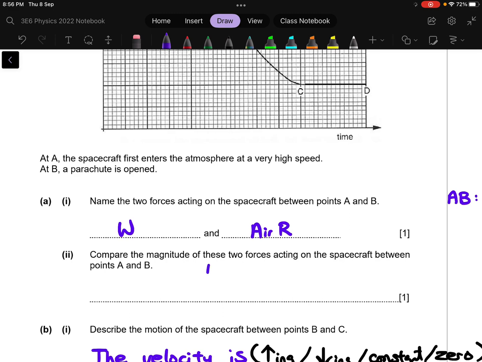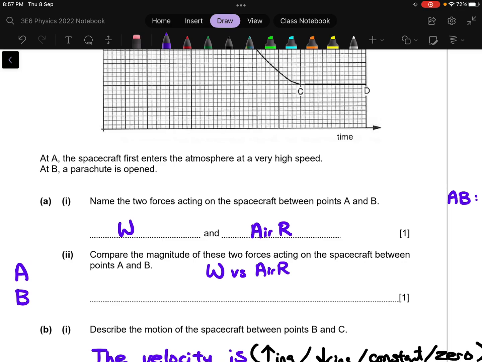In part 2, what I'm trying to ask, in fact, is that I want you to compare W versus air resistance as the object is moving from A to B. But due to a lack of foresight, I realized that some of you actually interpret the question as at A, how will the forces look like, and then at B, how will the forces look like.